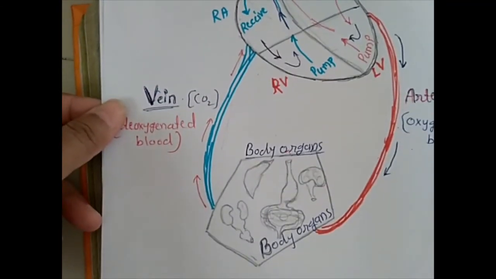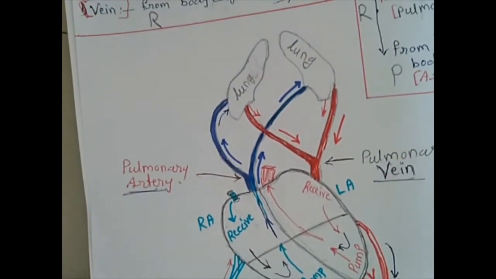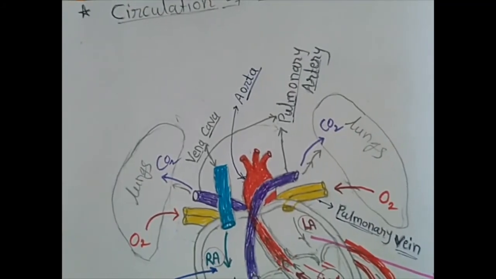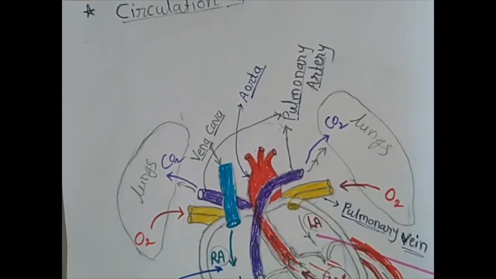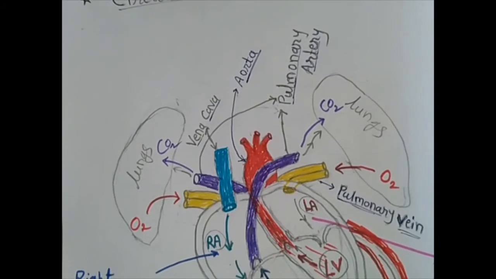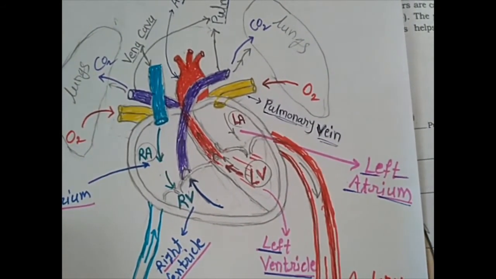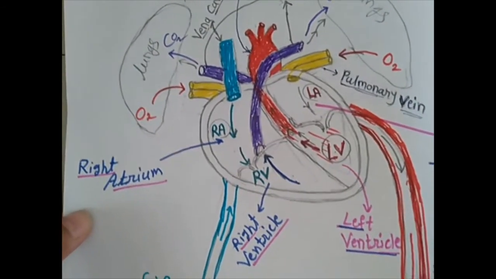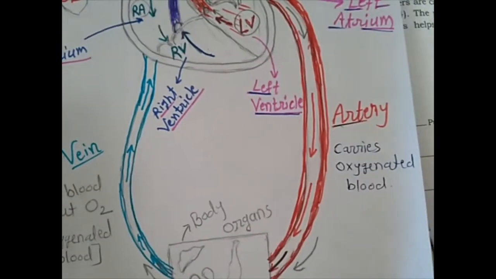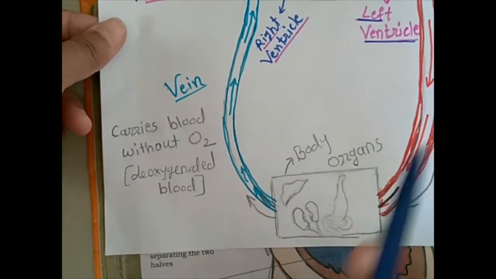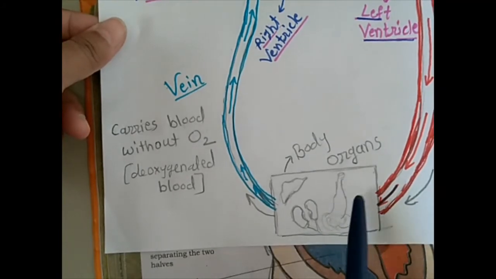So very clearly in this diagram everything is given. So again, very slowly I am moving this diagram. Here, this is the vein, and these are body organs assumed here, including the brain.